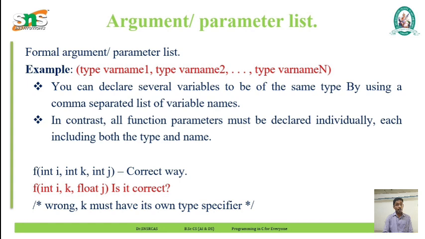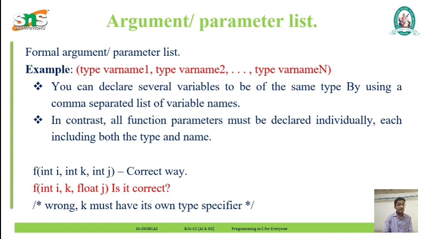In contrast, all function parameters must be declared individually. You are not supposed to declare the function parameter list like a normal declaration by comma separated variable names, each including both type and name of the variable.